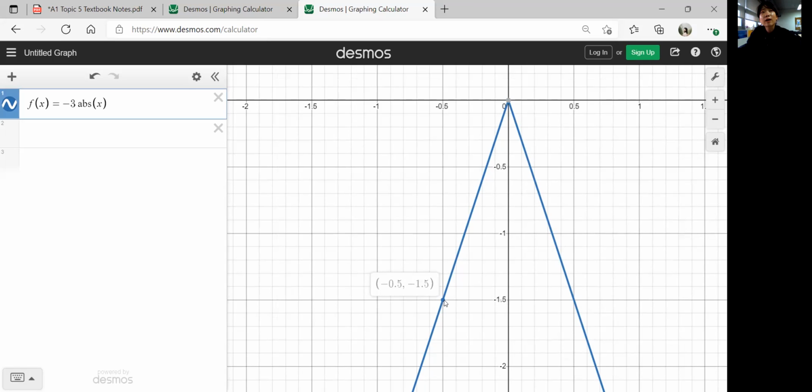Negative 0.5, negative 1.5, and 0, 0, right? So then you can use the slope formula, or you can count how many blocks you're going up, right? You're going up 1.5 for the y value, and you're going to the right 0.5 unit.